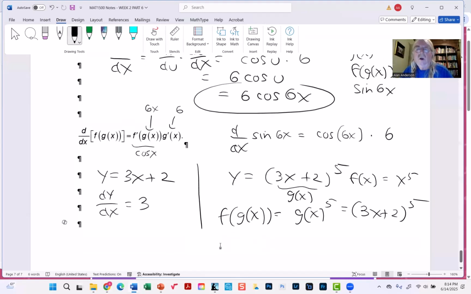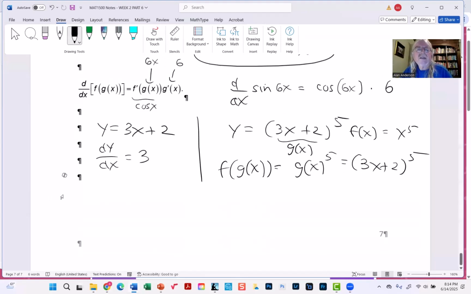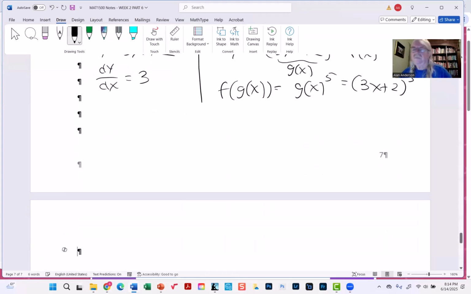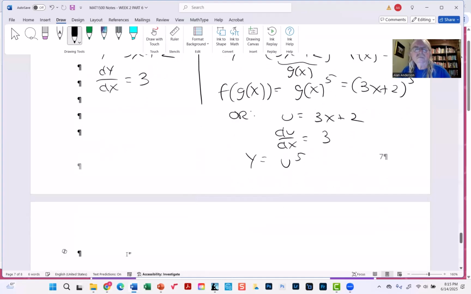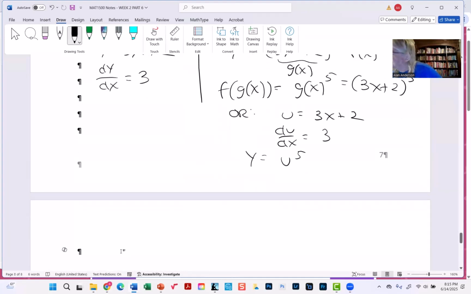Okay. Or you could think of u as 3x plus 2, du dx is 3, and y is u to the fifth. Therefore, dy du, based on the power rule, is 5u to the fourth.